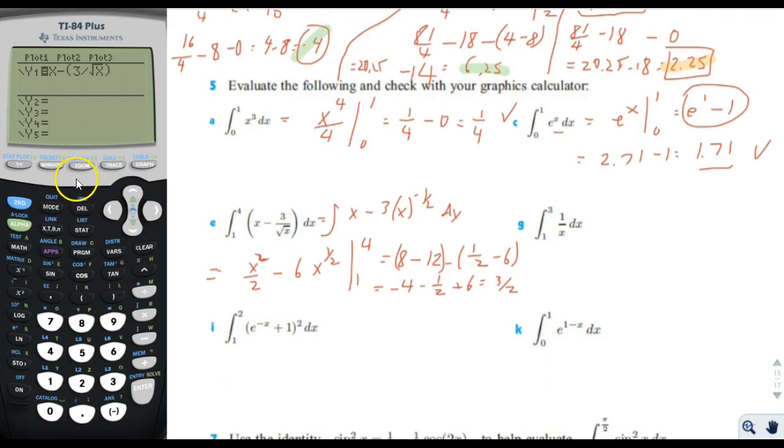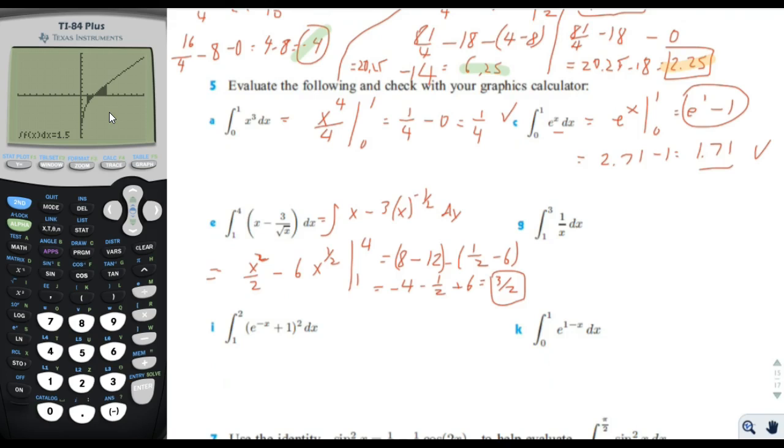And then we're going to do a second calc integral, which is option 7. And we're going to evaluate it from 1 through 4. I like these little drawings it makes. Oh, look at that. Isn't that interesting? Part of it's a negative area, and part of it's going to be a positive area. Those kind of cancel each other out partially, and it gives you 3 halves, which is what we thought we would get.